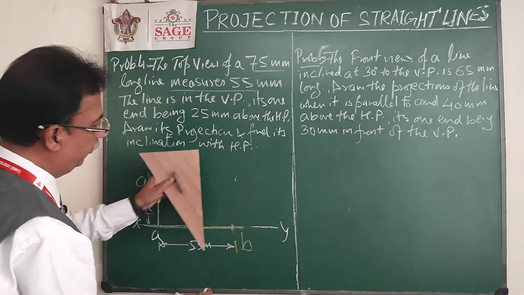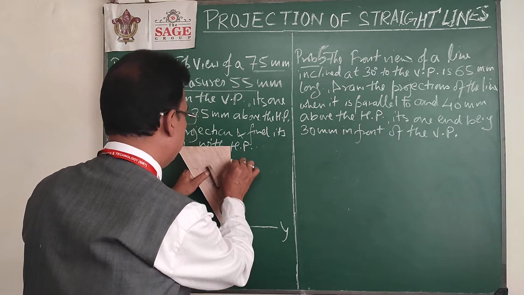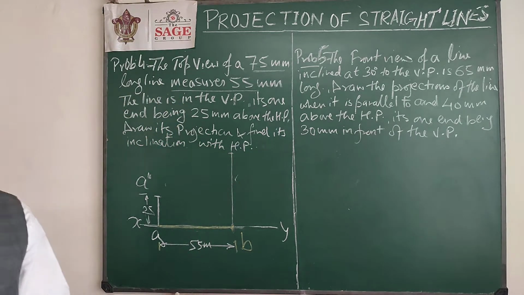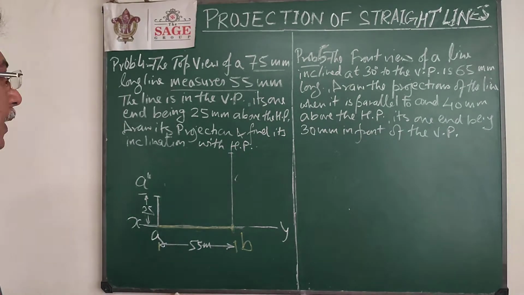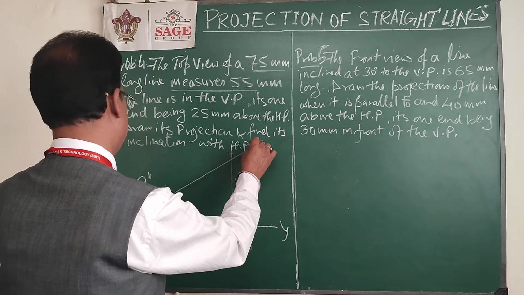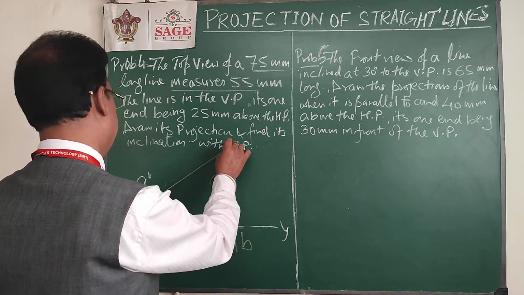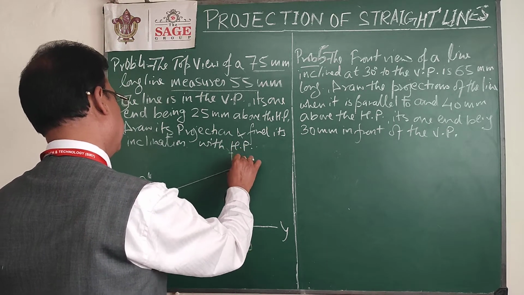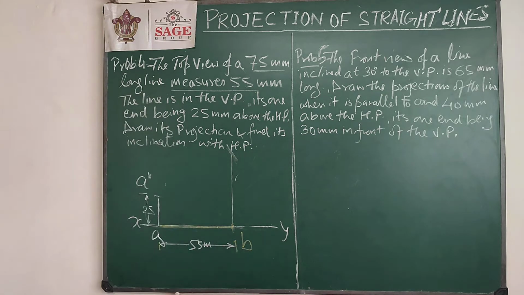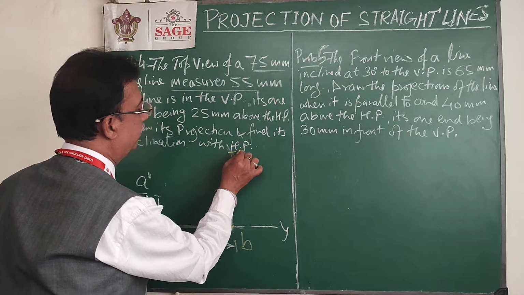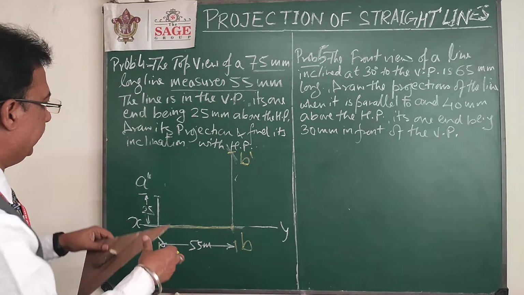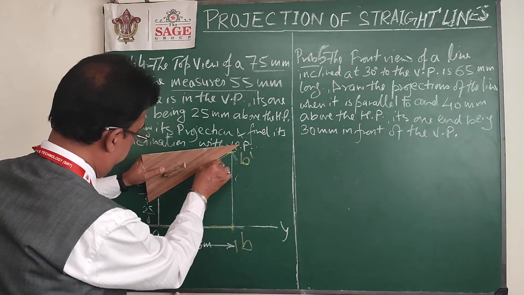Now if this is the point b, then on the projector of this point we will get the point B dash, and the distance of B dash from A dash will be equal to 75. So if I take an arc and cut it like this, you get the point that will be B dash, and join A dash with B dash.